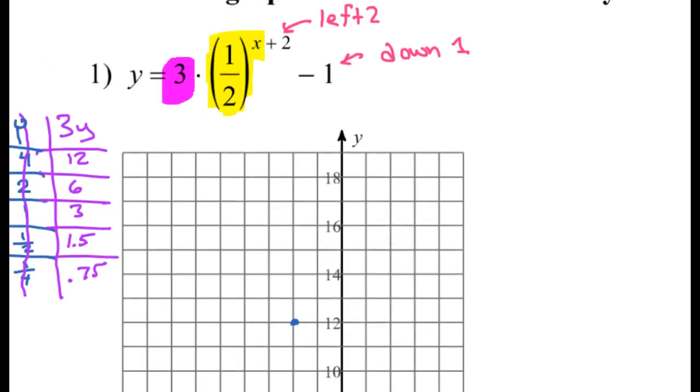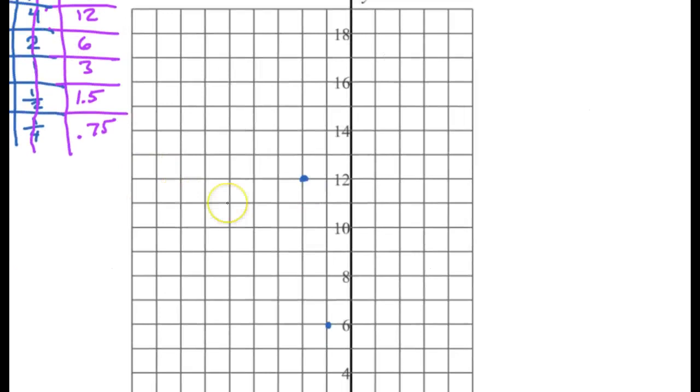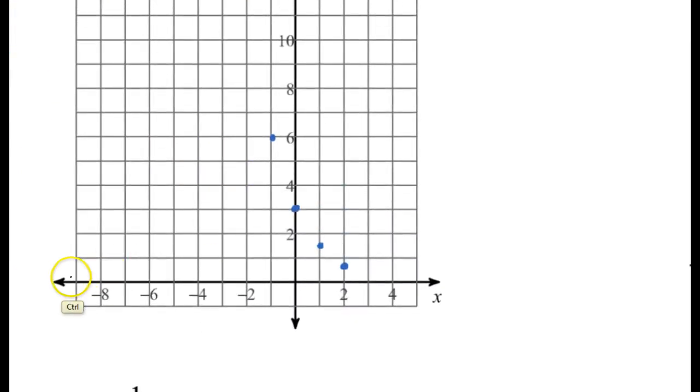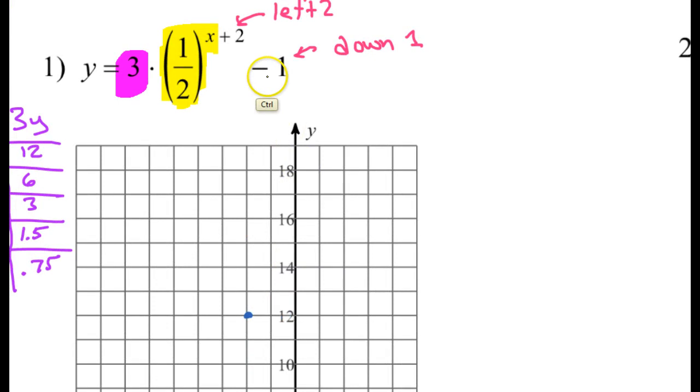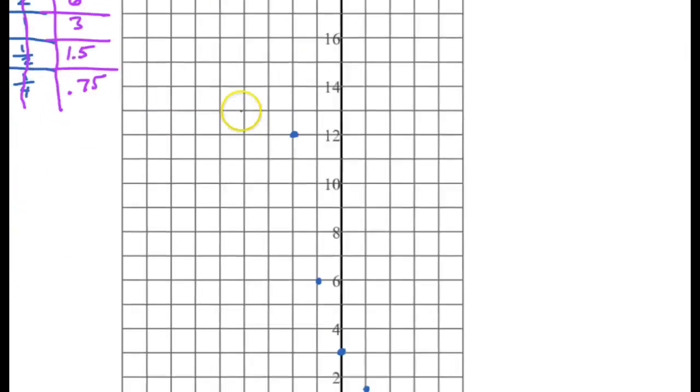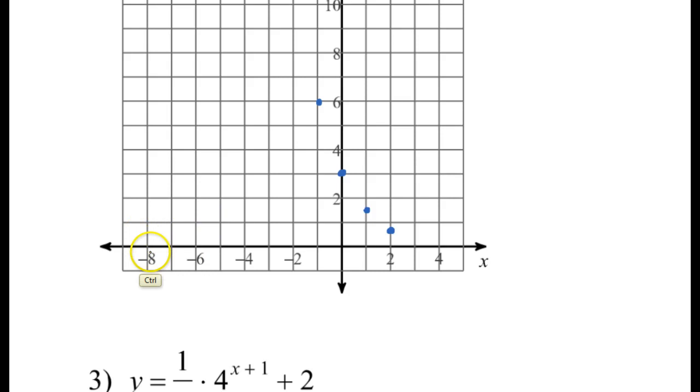Okay, and look, while I'm at it, the parent function has a horizontal asymptote at 0. All right, the x-axis is the asymptote of the parent function that I've graphed with the blue dots. However, because the graph is moved down 1, my new horizontal asymptote will be at -1.